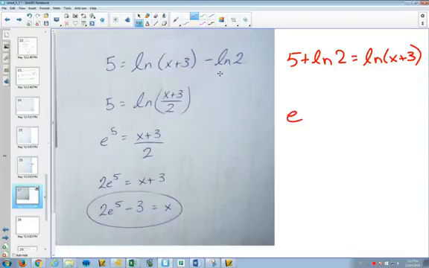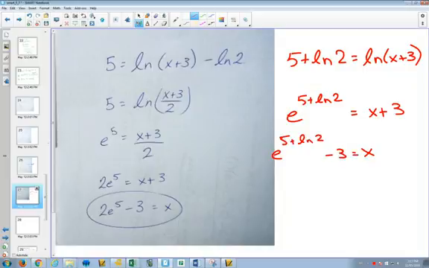What's the exponent? 5 plus the natural log of 2 is the exponent, because that's a number. You just haven't simplified it. Equals x plus 3. So had you written your answer like that, it would be completely correct as well.